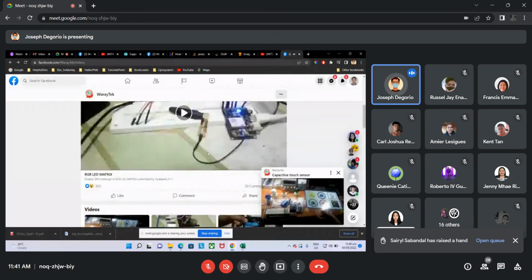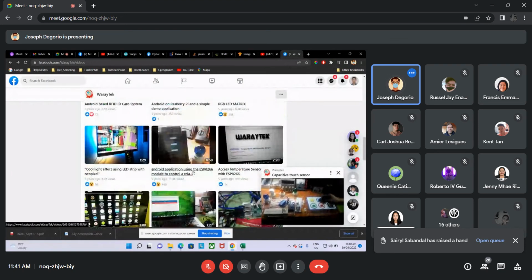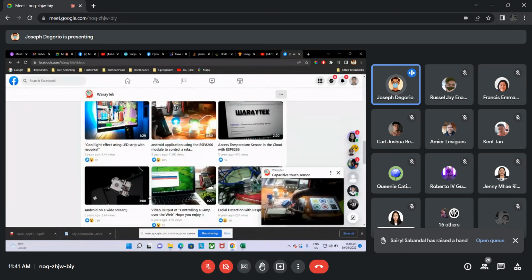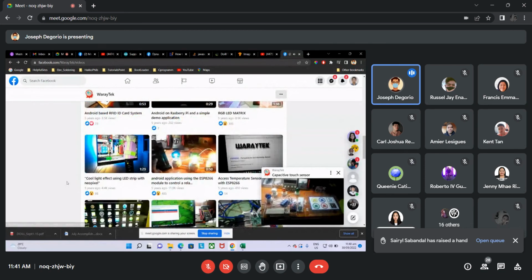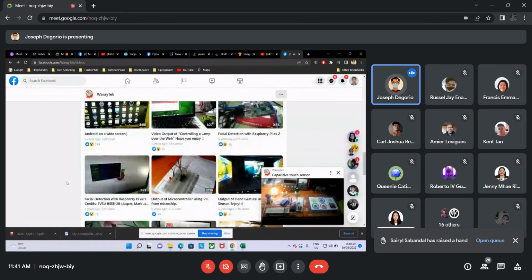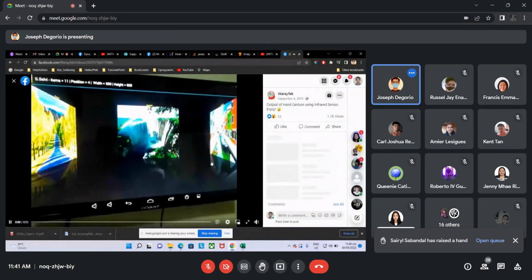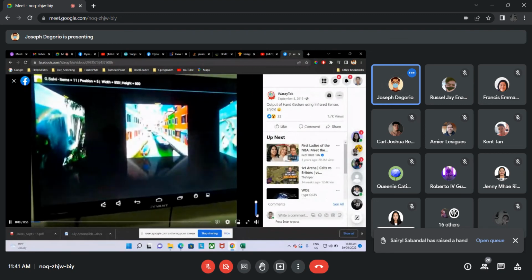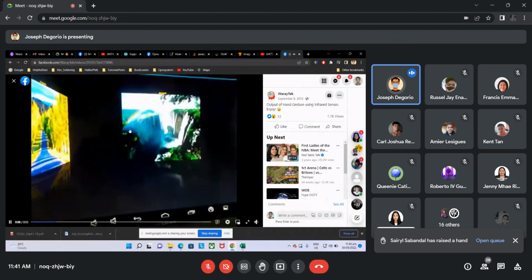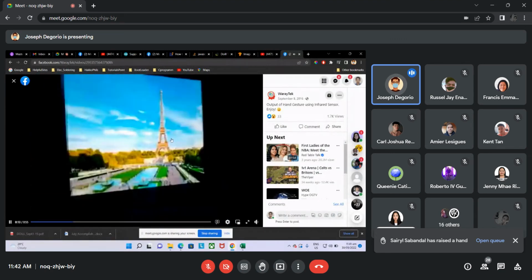Actually, the word IoT didn't ring a bell for me back then, but I was playing with this type of application, and now I understand that they are called IoT development. So let's try to have this one played. I have this on my television, these images displaying from left to right, right to left.